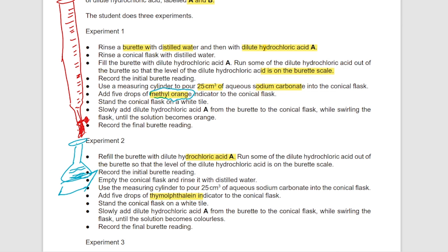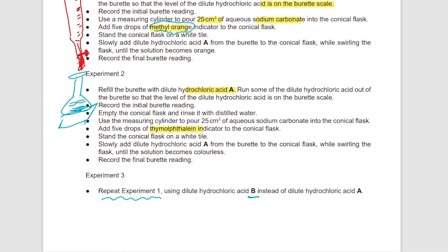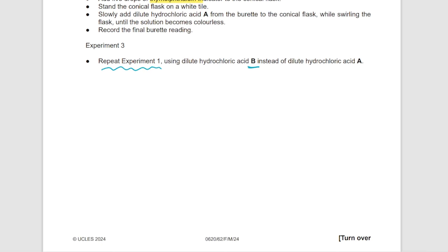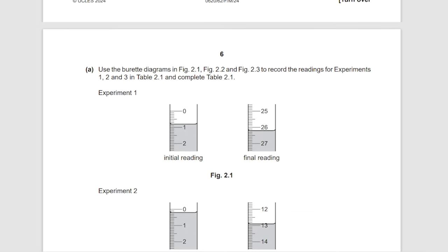So in experiment 3, they have used the dilute hydrochloric acid B rather than A. Now let's have a look at the questions which they have asked us.